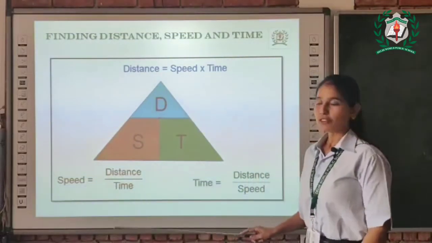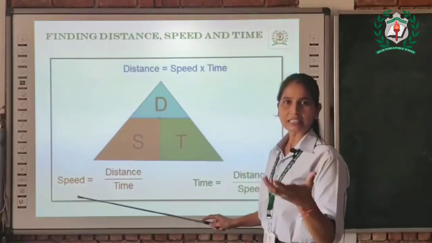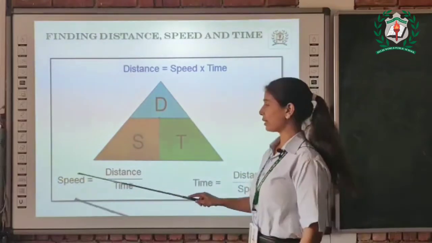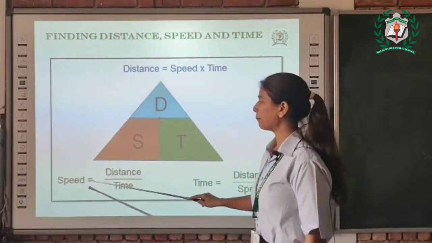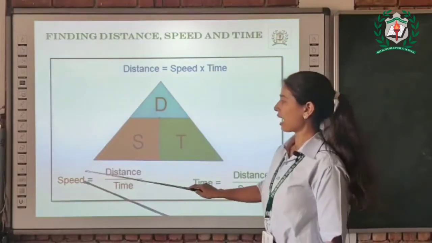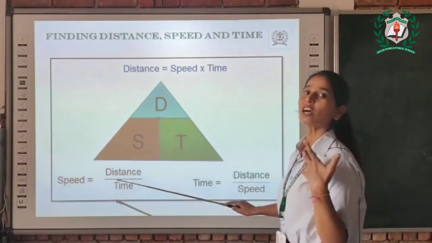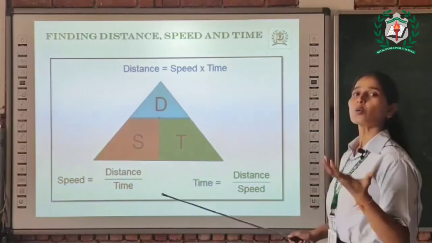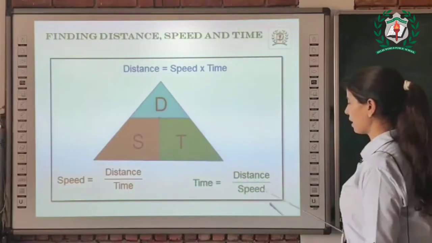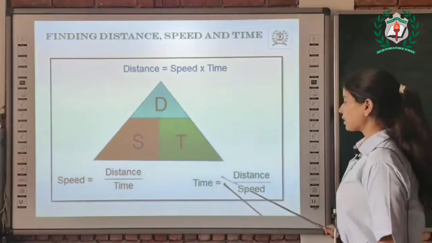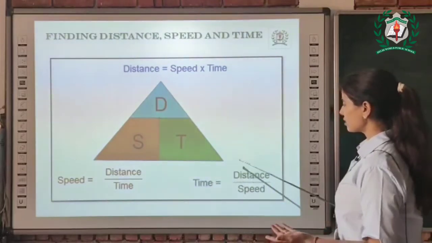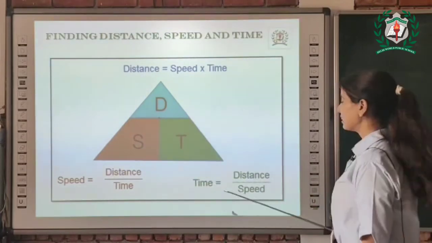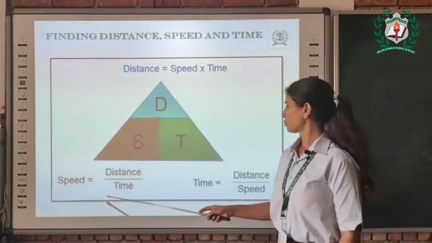If the question asks for speed, we put distance here and time here, and that is how we calculate speed. If the question asks about time, time equals distance upon speed, so we put distance here and speed here to find the time.